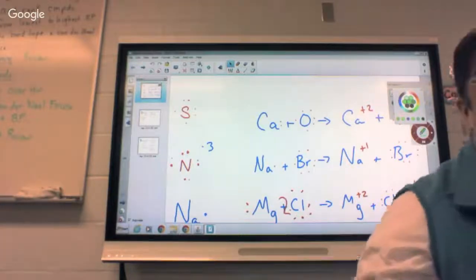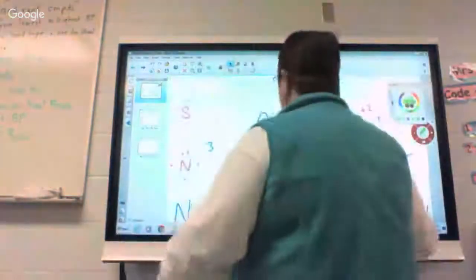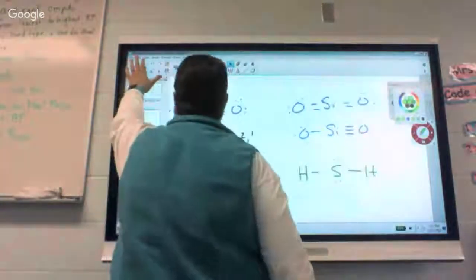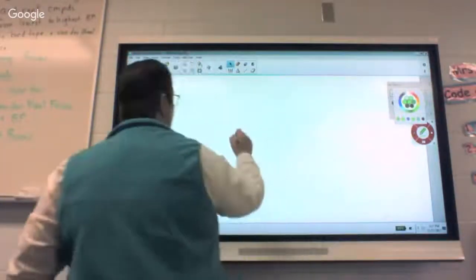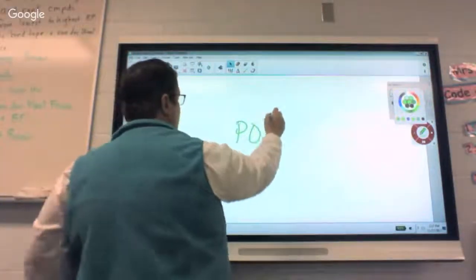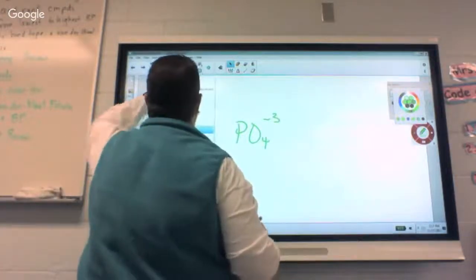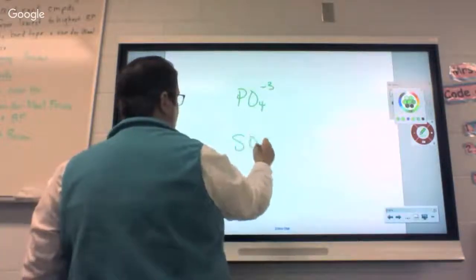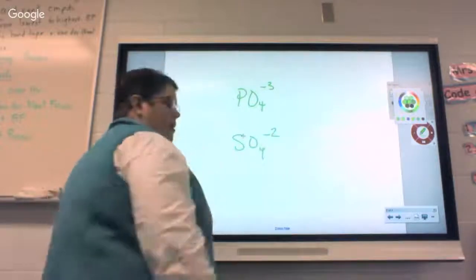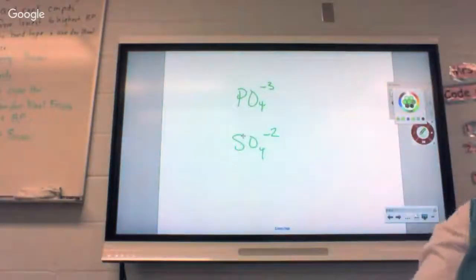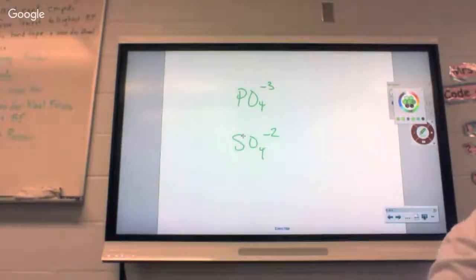Something like PO4 -3 is a polyatomic ion. SO4 -2 is a polyatomic ion. What kind of elements are involved in a polyatomic ion? Metals and a non-metal or all non-metals? Non-metals.